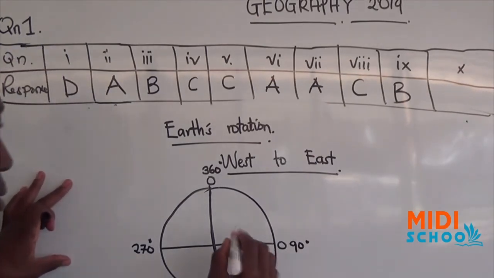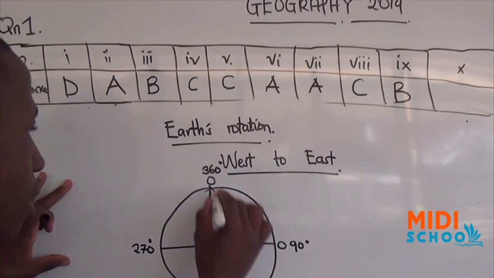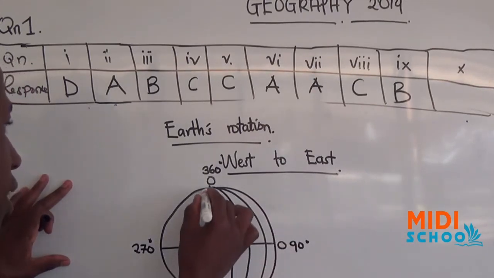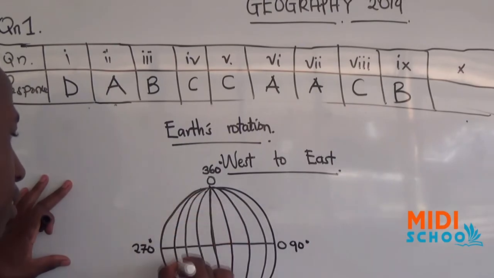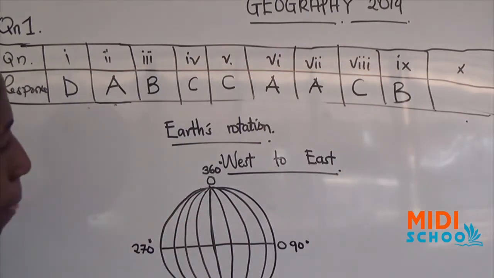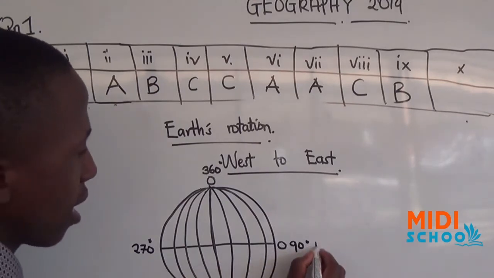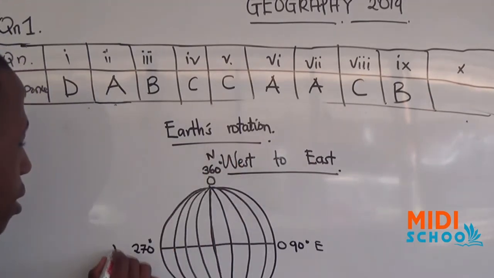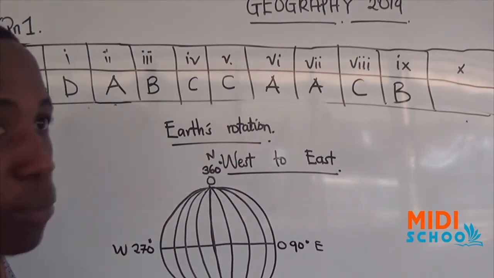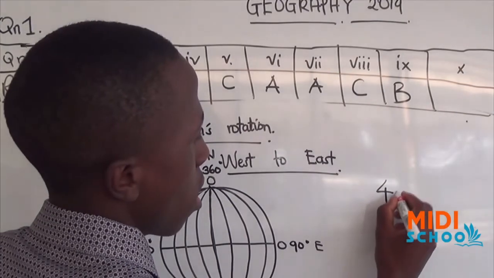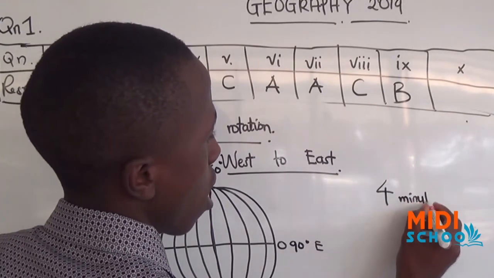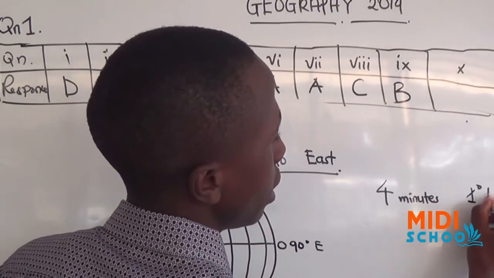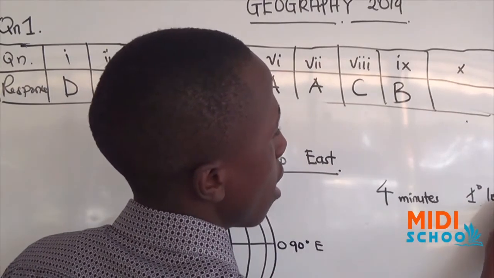If the case is this, if you start pointing in such a way, east, south, north, west, time increases 4 minutes at 1 degree longitude.